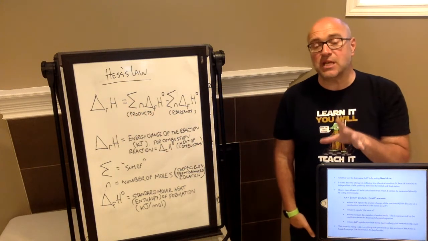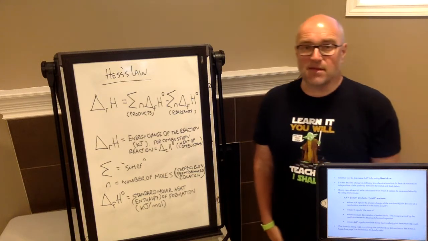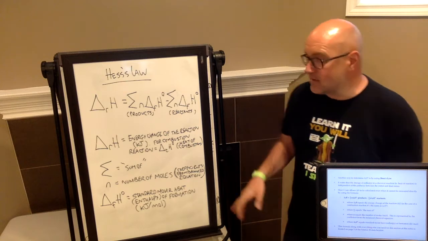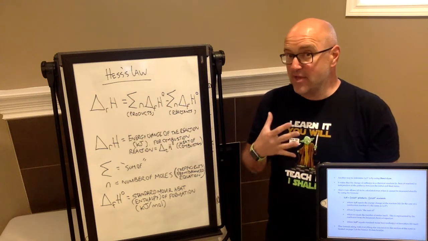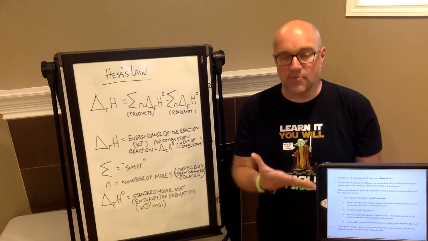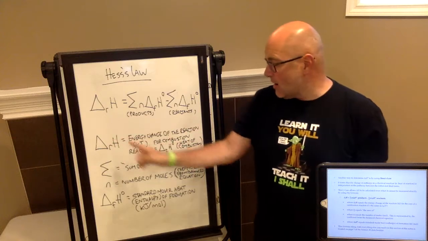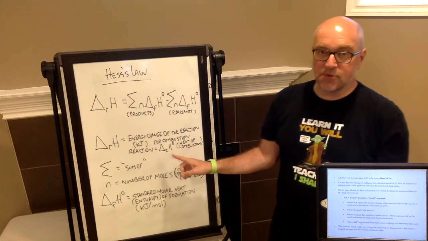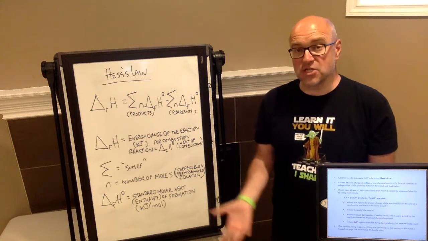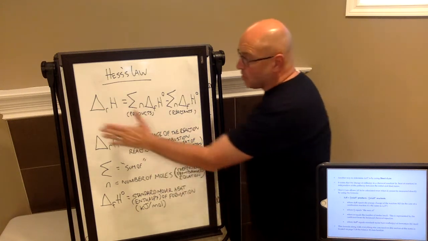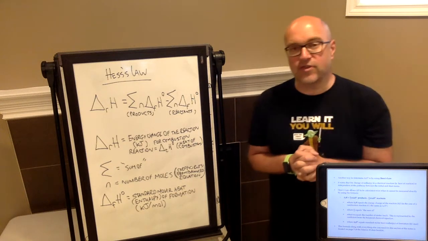Because we're dealing with combustion reactions only for this course, delta RH is going to be equal to delta CH prime, which is essentially the heat of combustion. So we're going to use Hess's Law for our purposes in this course to calculate the heat of reaction.